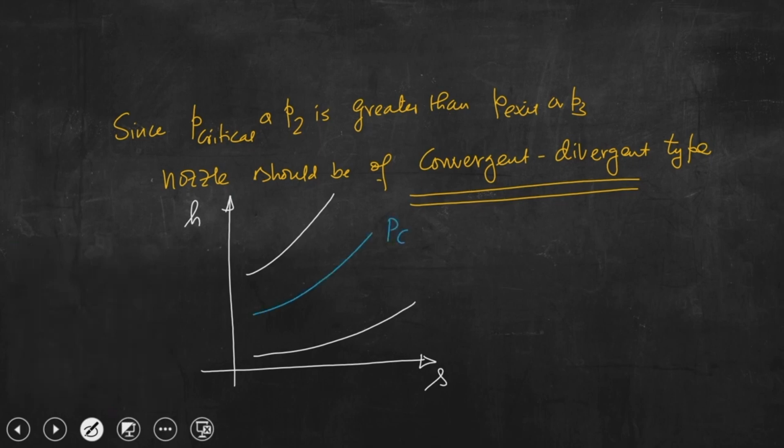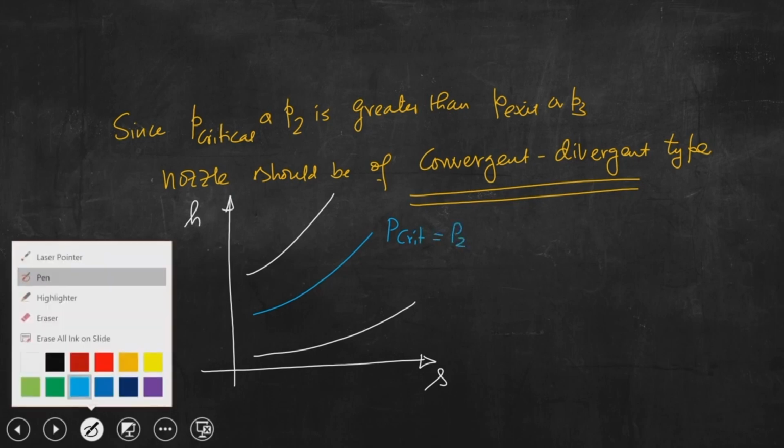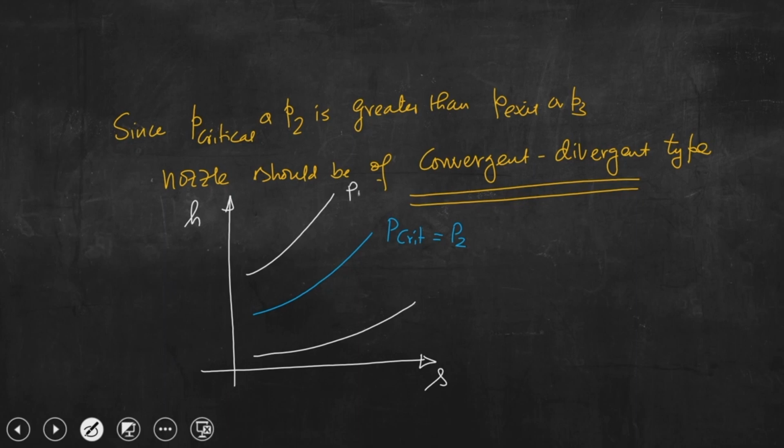This is P critical equal to P2, this is P1, and this is P exit or P3. If we take one point over here, say point 1, and this is the isentropic process, this is 3, this is 2, right.